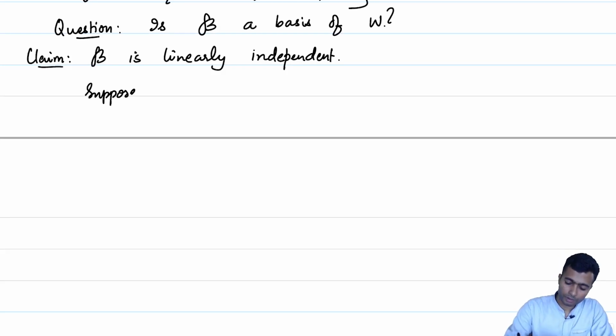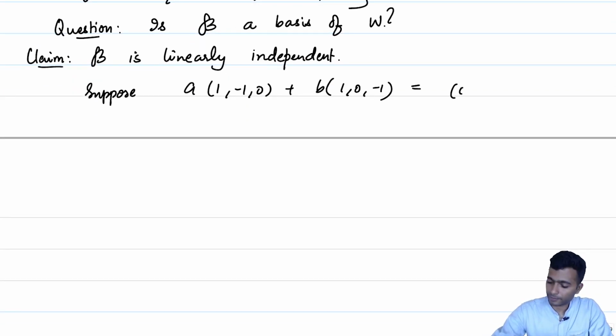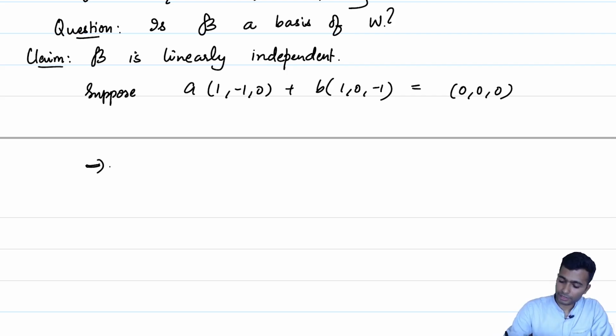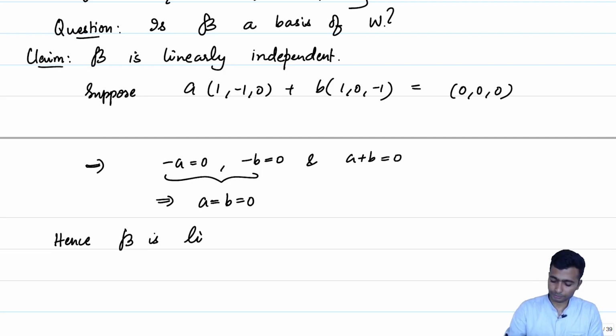Suppose A times (1, -1, 0) plus B times (1, 0, -1), I guess these were the two vectors, is equal to the 0 vector. This would immediately tell us that A plus B is equal to 0, minus A is equal to 0, and minus B is equal to 0. The first two already tell us that A is equal to B is equal to 0, and it is consistent with the third, and hence this forces A and B to be 0, which gives that B is linearly independent.